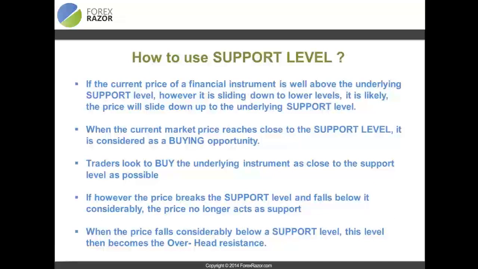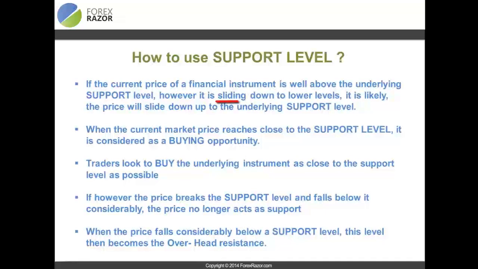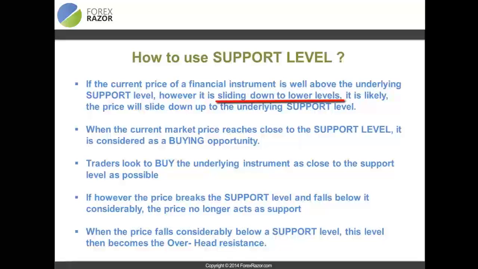Now that we understand what the support and resistance levels are, we will try to understand how to use them while trading. For a price that acts as a support level, if the current price of the financial instrument is well above that underlying support level, however, is sliding down to lower levels, it is likely that the price will slide down up to the underlying support level.